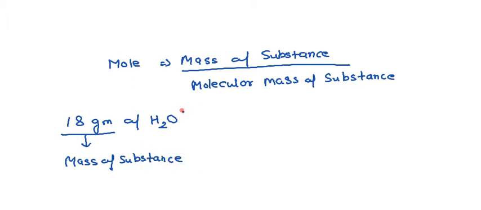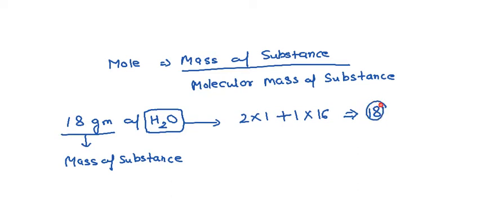And how do we calculate the molecular mass? That is the relative mass value: 2 hydrogen, 2 multiplied by 1, plus 1 multiplied by 16. The overall value is 18, right? So this is termed the molecular mass of H2O.